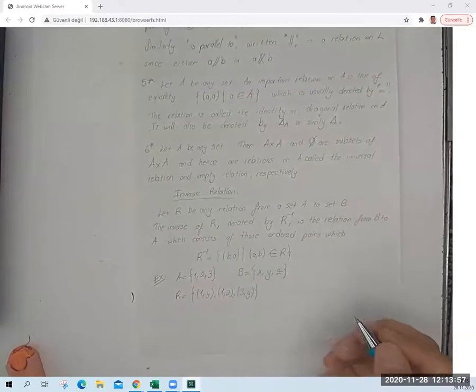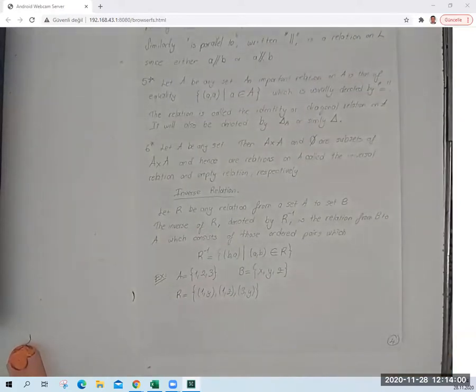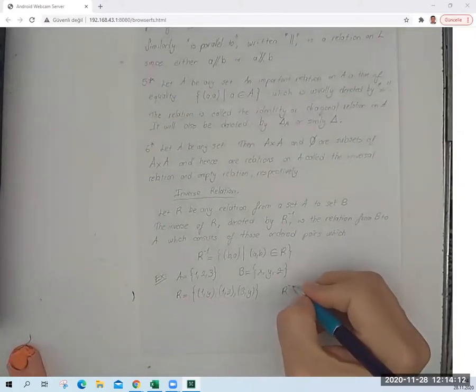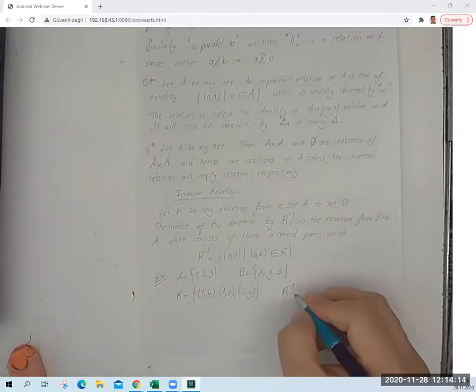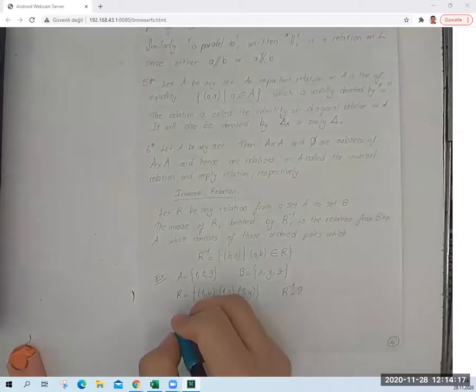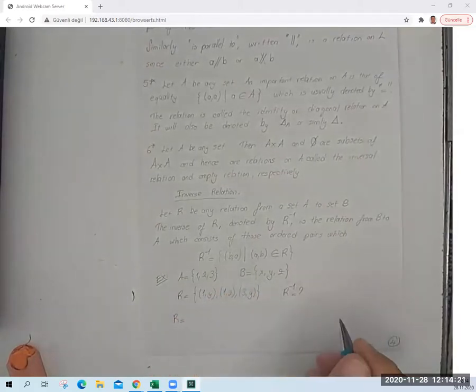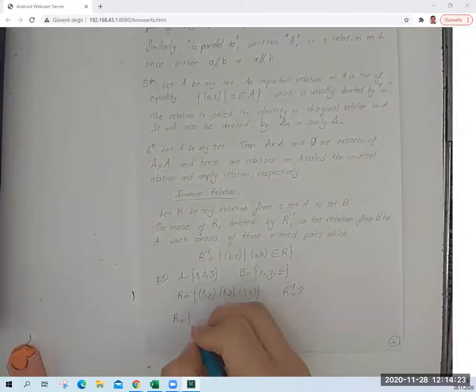So what is the inverse relation? Okay, find R to the power minus 1. We are looking for that one. Of course, the reverse of those pairs, right? Y to 1.